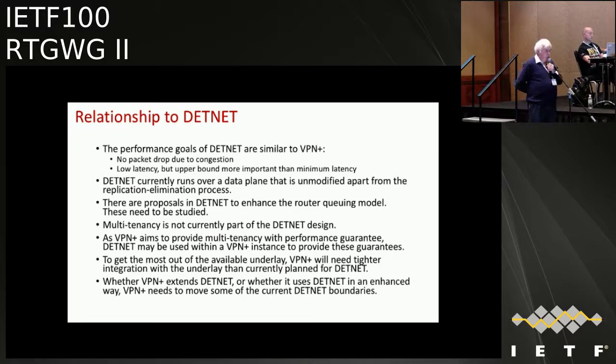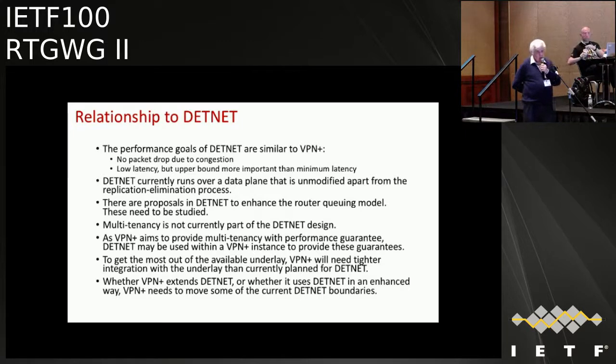DetNet. The performance goals of DetNet are almost identical to some of the performance goals of VPN Plus: no packet drop due to congestion, low latency, but in particular an upper bound on the latency. DetNet currently runs over the data plane; the substrate is unmodified from the existing substrates.